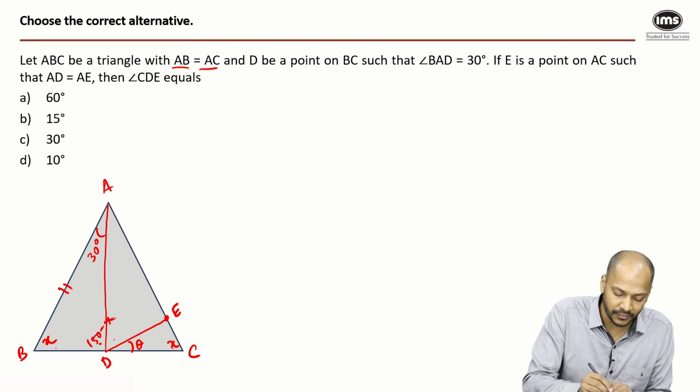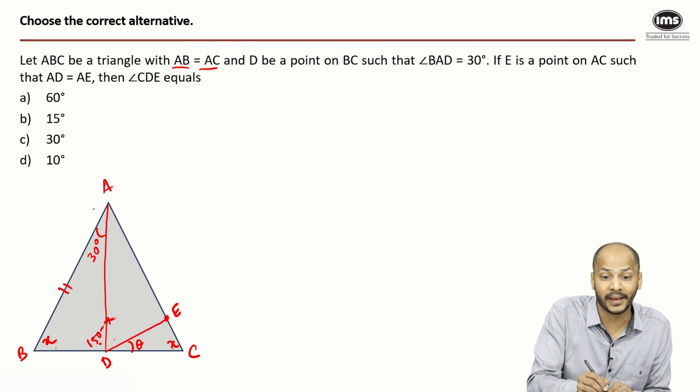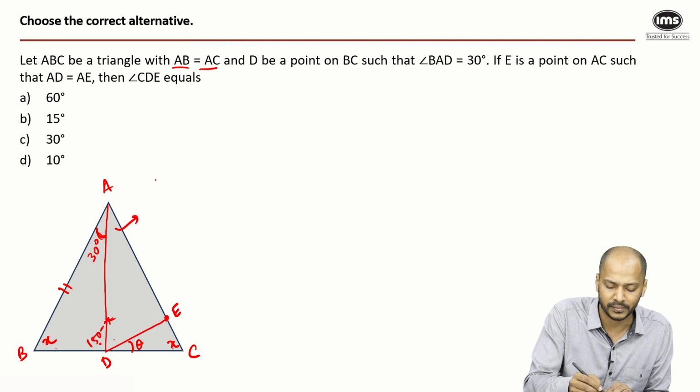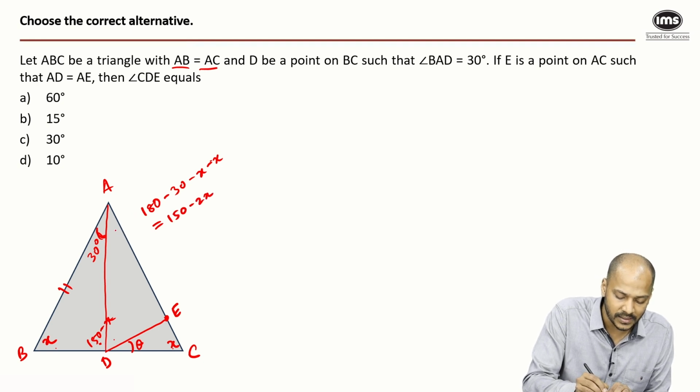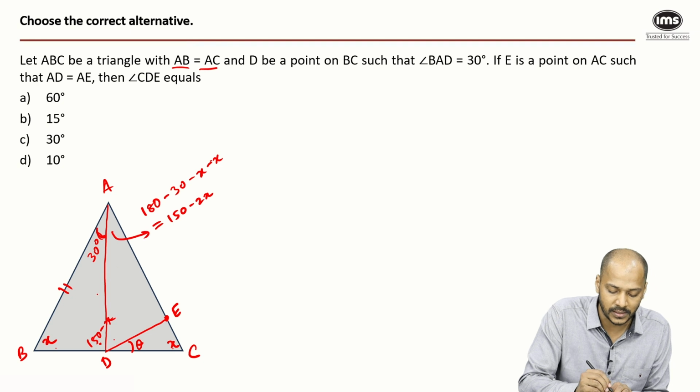I can also say if this is X and this is X, the apex of the main triangle A would be 180 minus 2x, out of which 30 is already gone. So this part is 180 minus 30, because 30 has been given here, and the other two angles are X and X, so this comes out to be 150 minus 2x.